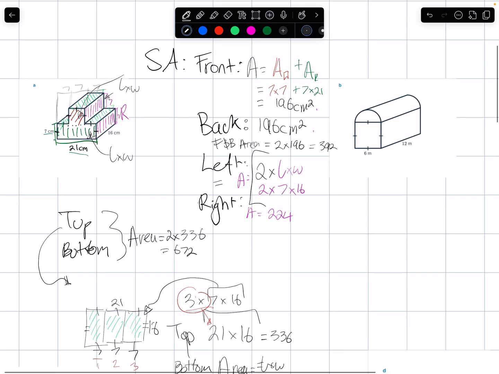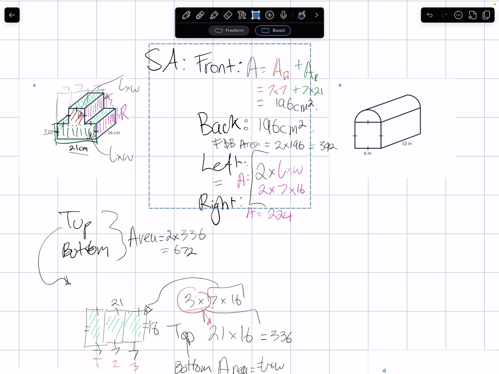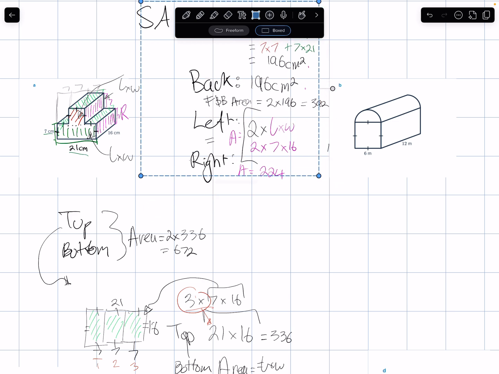So our combined surface area, it's all getting a bit messy, so I'll just neaten it up a bit. Move it up.